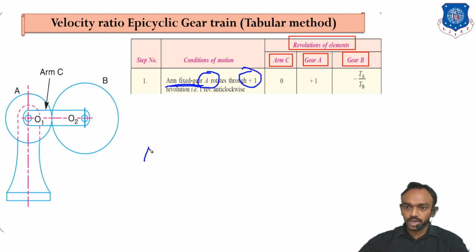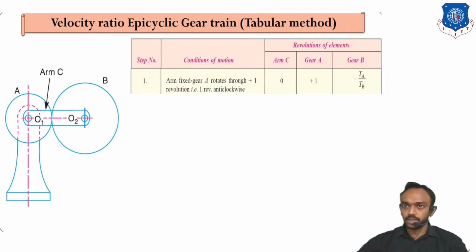Remember that anti-clockwise we have taken as positive. Anti-clockwise is positive and clockwise is negative. Remember that, okay. Anti-clockwise we have taken positive for all numericals, and clockwise will be considered negative.